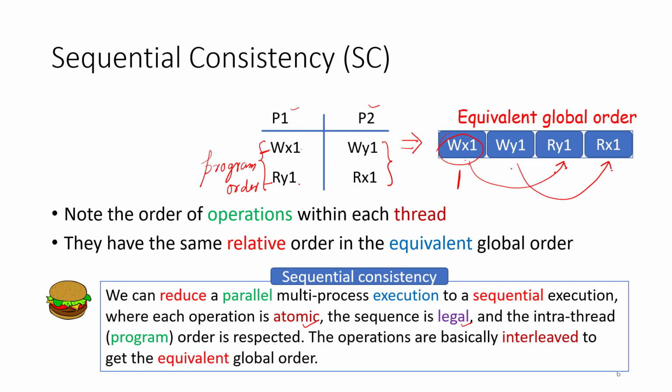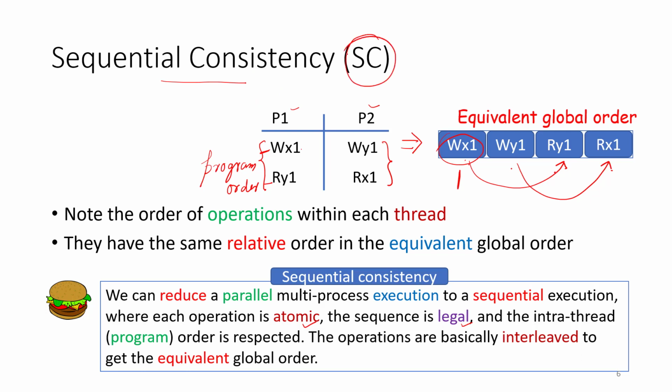So any such execution is known as a sequentially consistent execution. You can clearly see where the name comes from. The name comes from the fact that a parallel execution is being equated with a sequential execution. So you say that the execution is sequentially consistent.